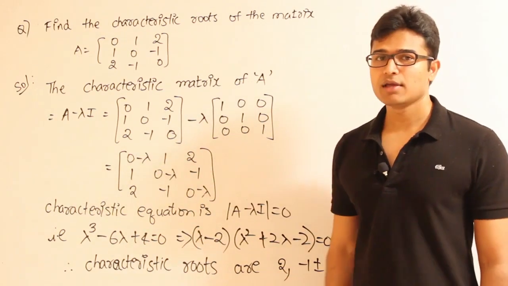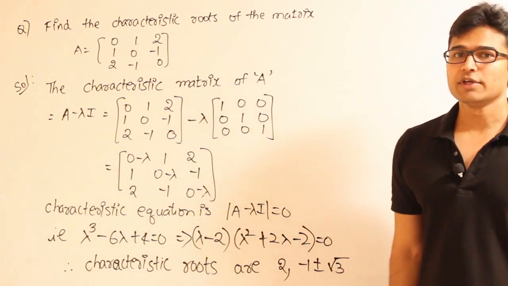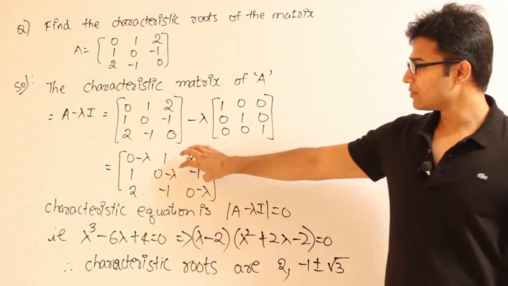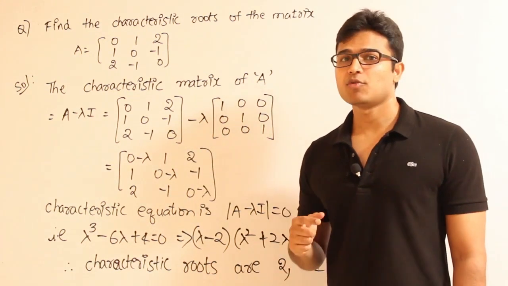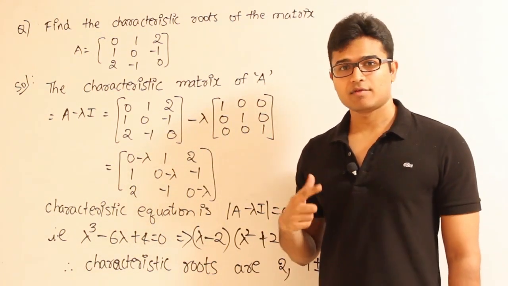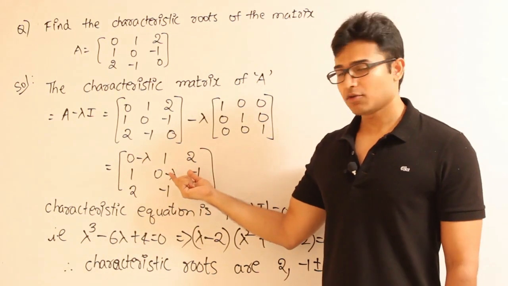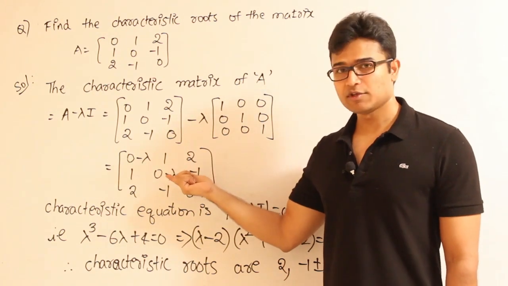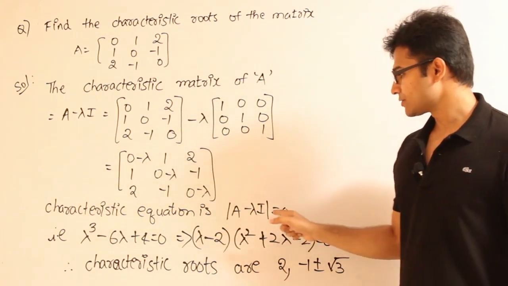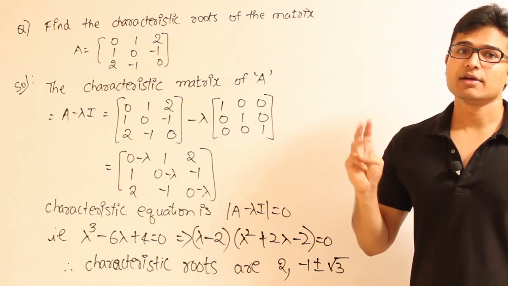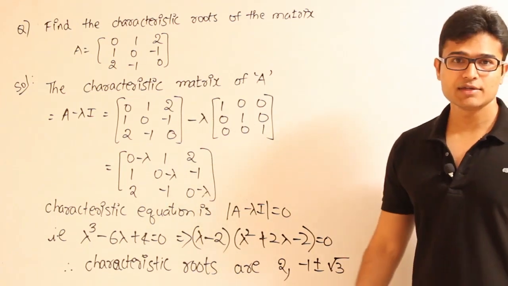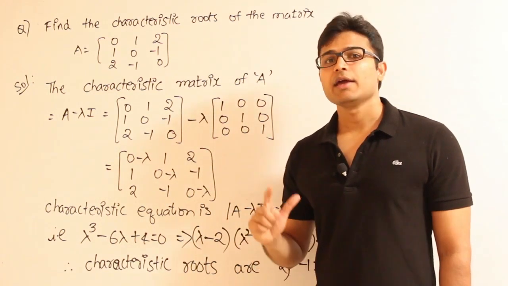Therefore we get a polynomial of degree 3. So if it is a 3 by 3 matrix, we get a polynomial of degree 3 as the characteristic polynomial. When you equate it to 0, you are supposed to get 3 roots here. In general, if A is an n by n matrix, you get n roots.